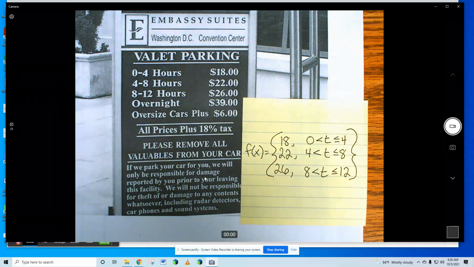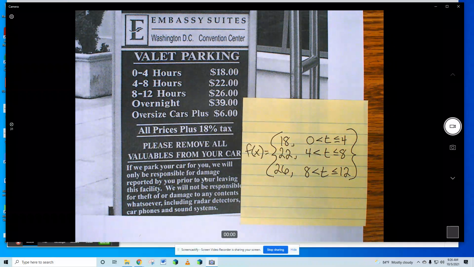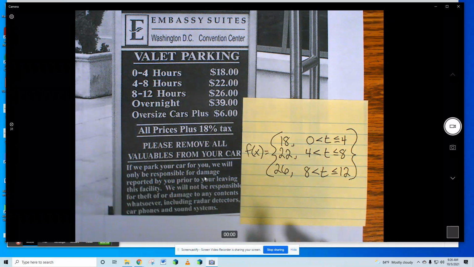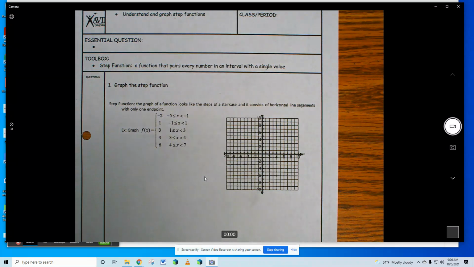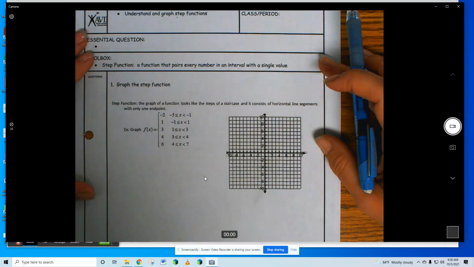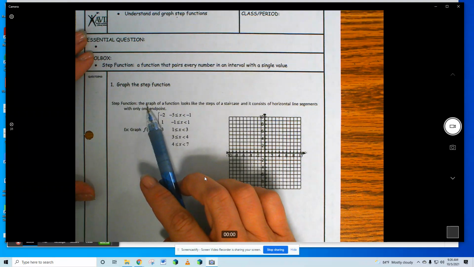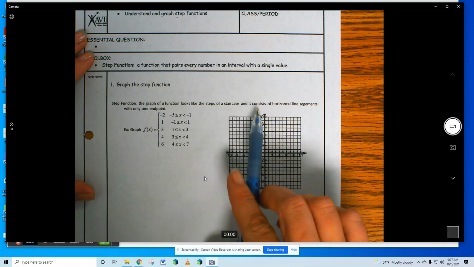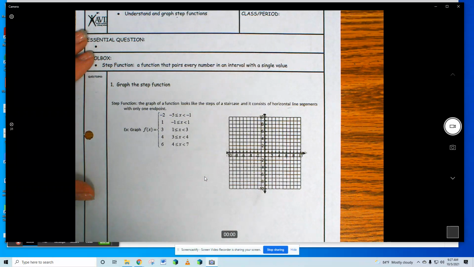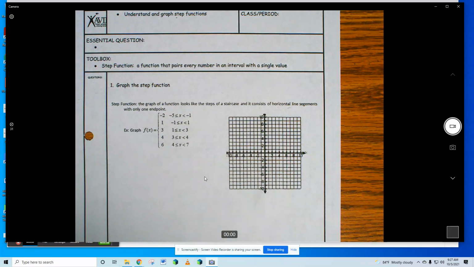When we graph this, it creates what we call in math a step function. So what we're going to do now is look at these examples here. I have a step function, a function that looks like the steps of a staircase, and it consists of horizontal line segments with only one endpoint.